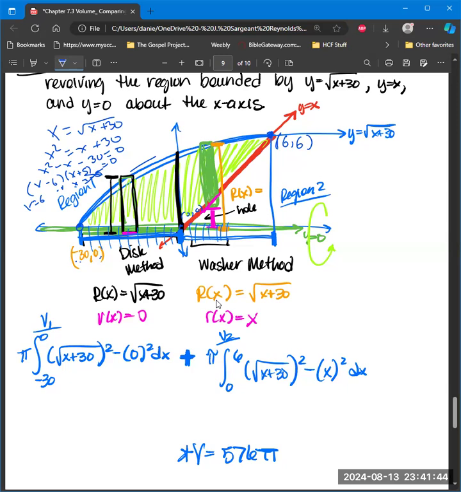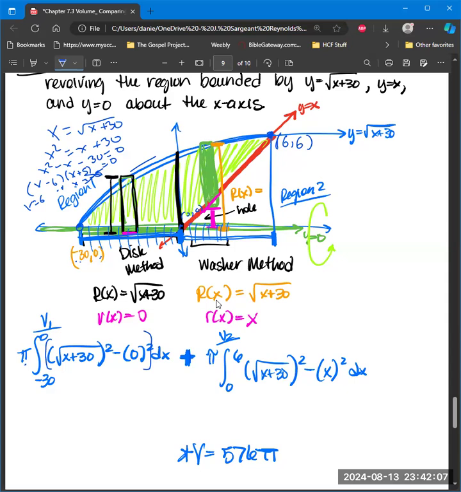So we're going to have rectangles with a height of root x plus 30 is going to get squared. Then you're going to have minus 0 squared, so you don't need to do that. That goes from negative 30 to 0. Multiplier of pi out front.